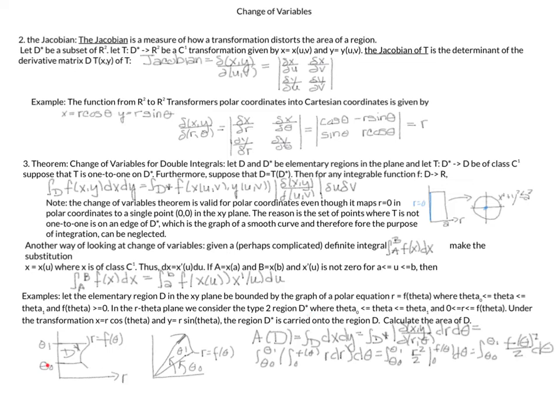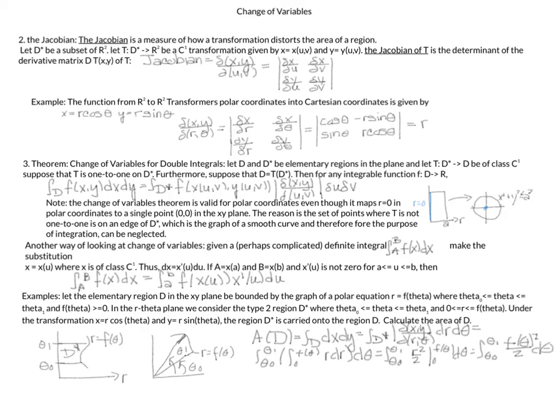So theta is going to be between theta 0 and theta 1, and then we still have r as a function of theta. So if we want to calculate the area of D, this blue section here, we can integrate over D, dx dy, or we can make this transformation into polar coordinates.